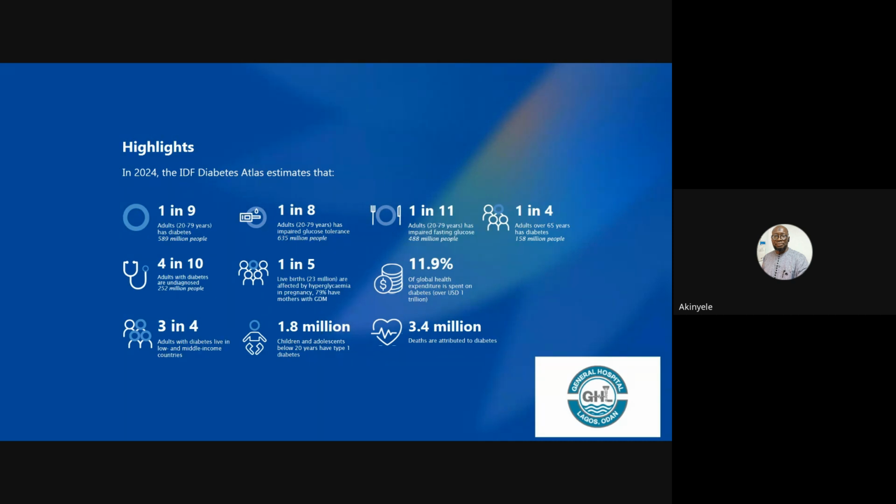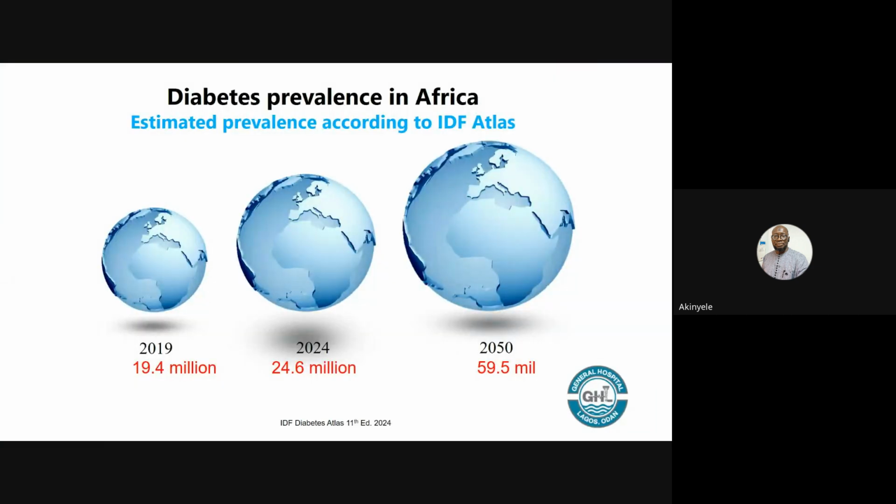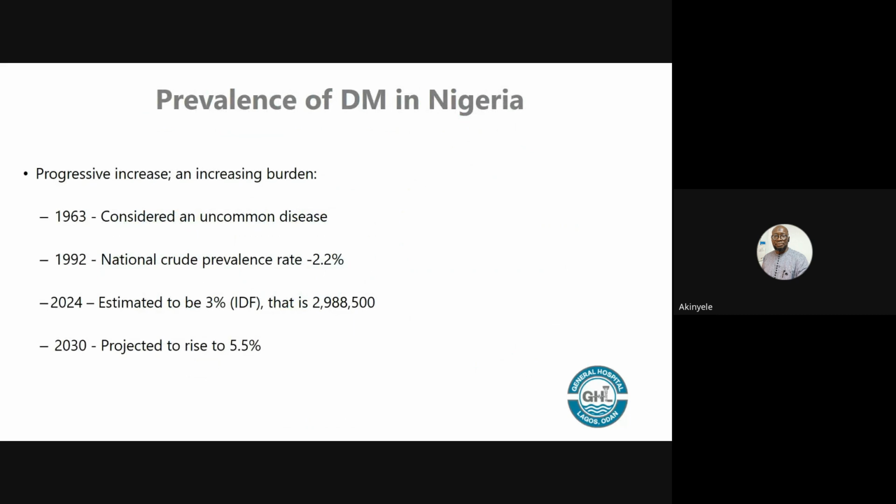A majority of patients who have diabetes will be in the low and middle income countries of the world. So in Nigeria or in Africa, currently we have about 25 million people with diabetes. And the number is expected to rise to about 60 million in about 25 years' time.